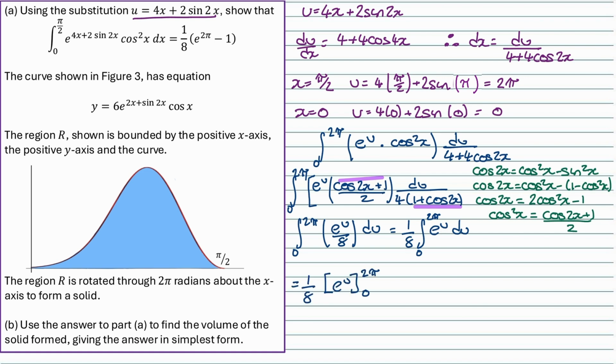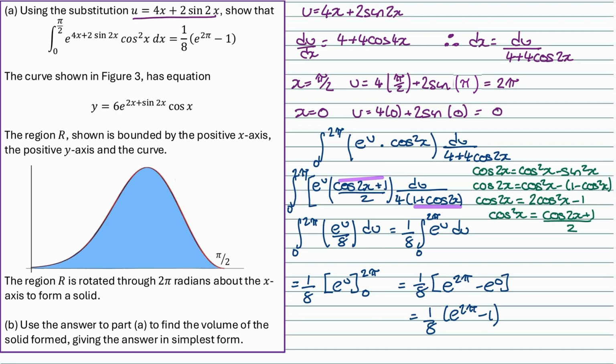So the integral becomes 1/8 of e to the u between 2 pi and 0. Now we'll substitute in the limits. So we'll have e to the 2 pi minus e to the 0, which gives us 1/8 of e to the 2 pi minus 1. And that's what we were asked to show over here.